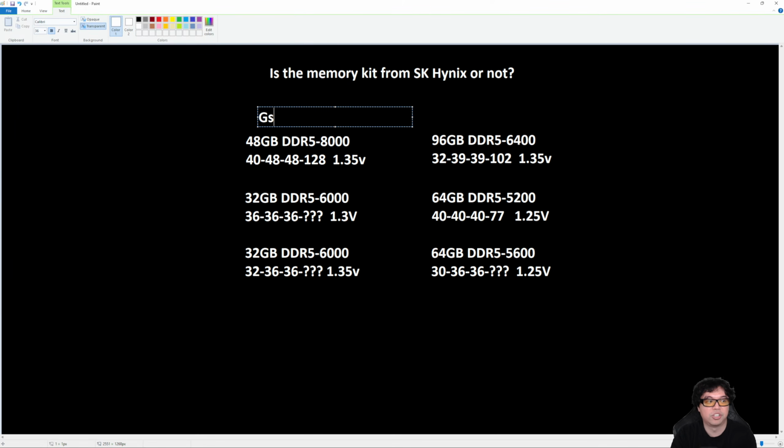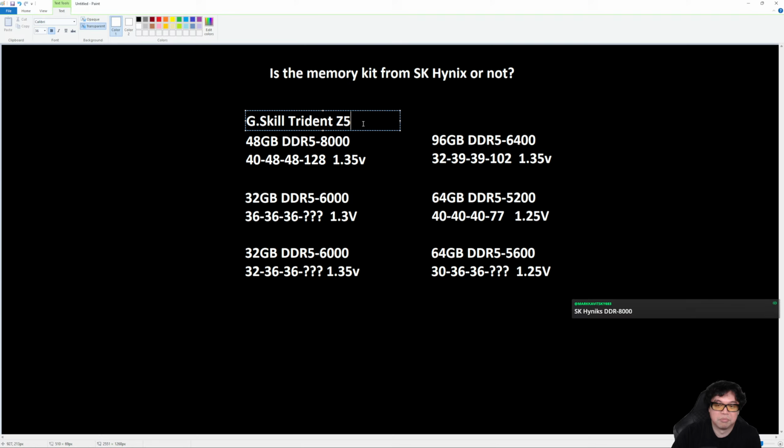This is called G-Skill. G-Skill Trident Z5. This first one, DDR5 8000 XMP. This is my magic memory. There is an Expo equivalent of this, but the one that I have is the XMP.